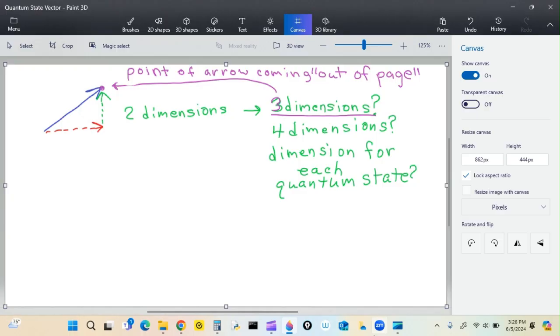Let me get out my drawing board and let's see if we can make a picture help with this idea. Okay, I've got a drawing here of a vector.